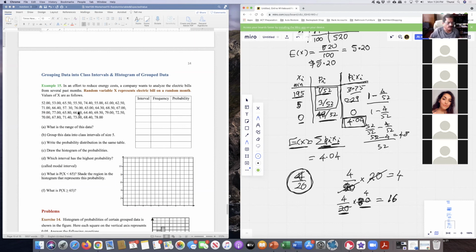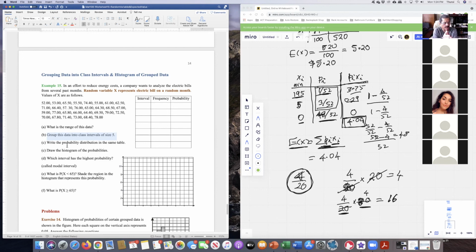So you can use whatever the problem tells you. So this problem says organize this data into groups of size 5. Part B says group this data into class intervals of size 5.